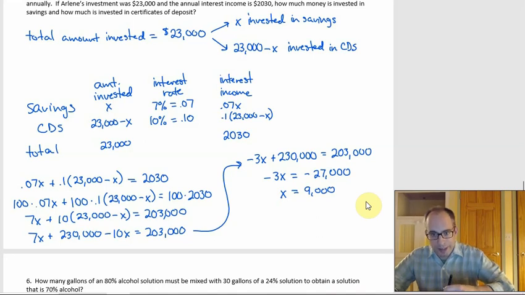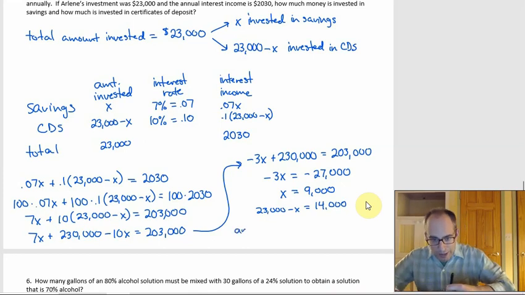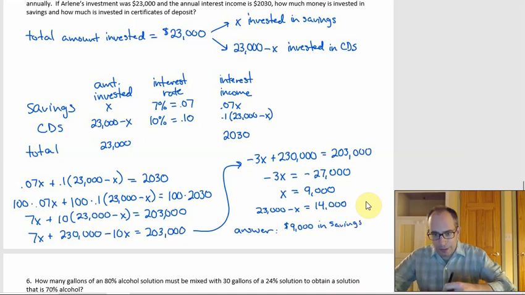So that's what x is. And then the other number that you would need is 23,000 minus x. And so then that would be 14,000, right? Since 23 minus 9 is 14. So then what you would get for the answer would be that you'd have 9,000 in savings, and then, oh, my pen got stuck.